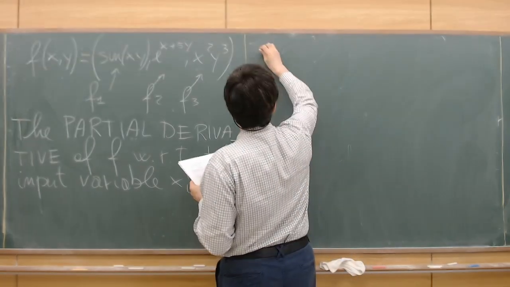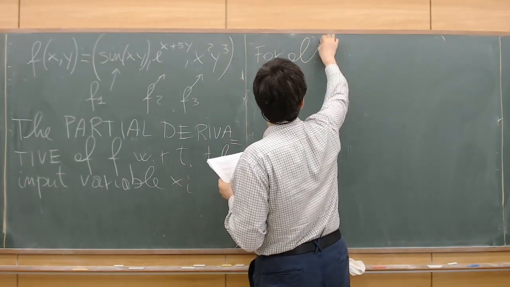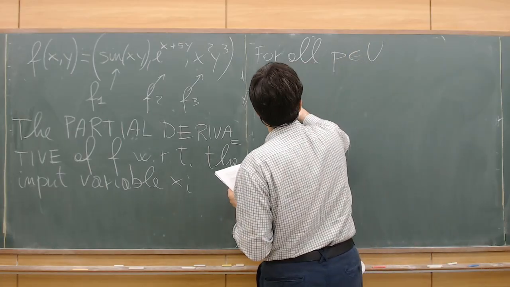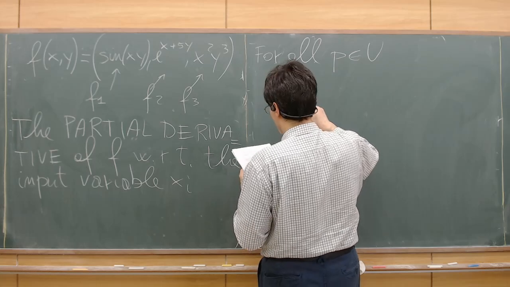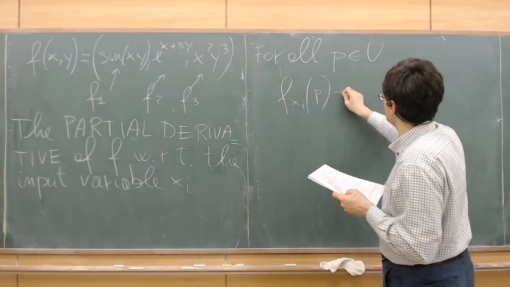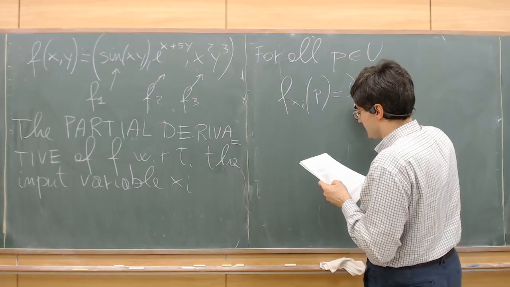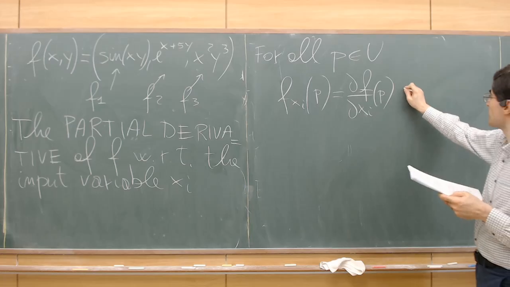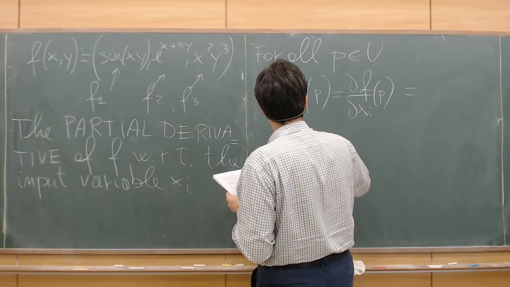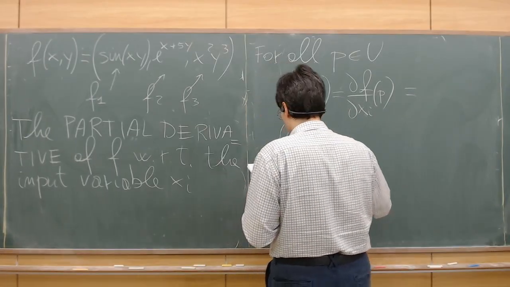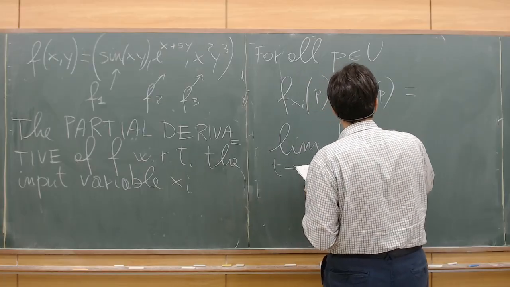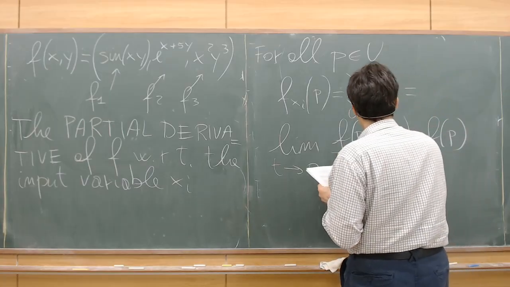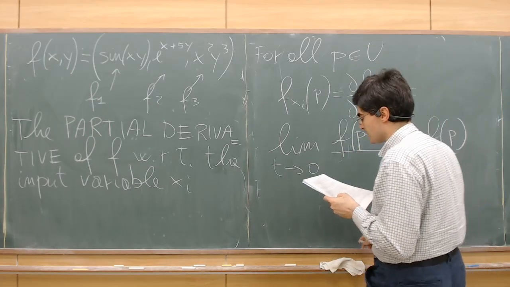So for all p in U, then f xi p or df dxi at p, these are two possible notations. This is defined as the limit as t tending to 0 of f of p plus t ei minus f of p divided by t if these limits exist.